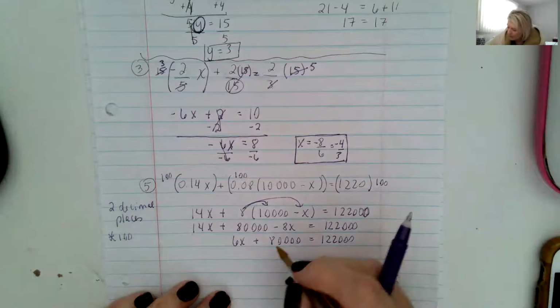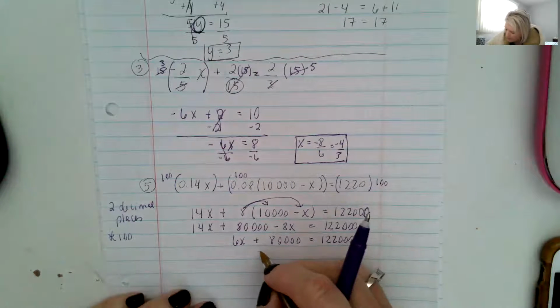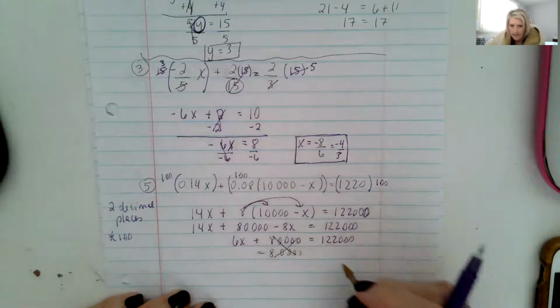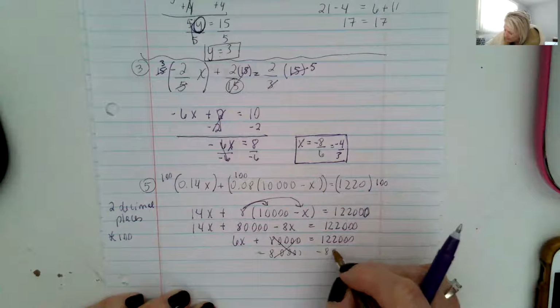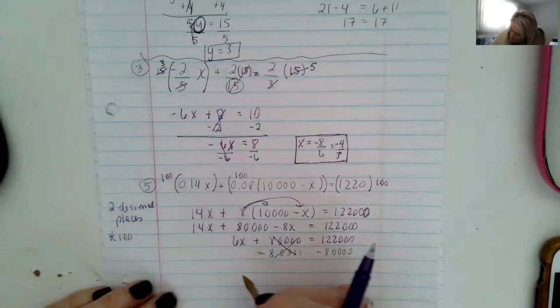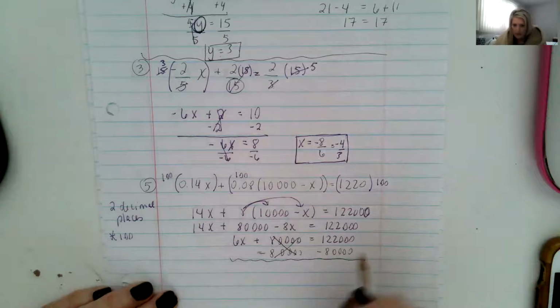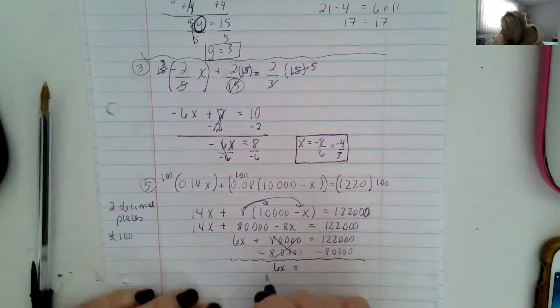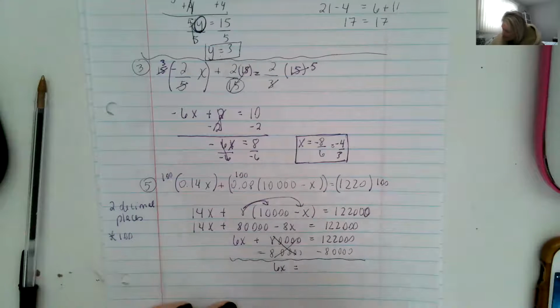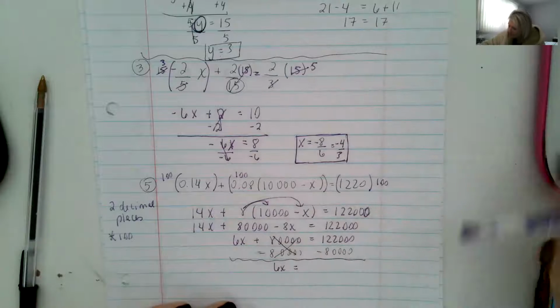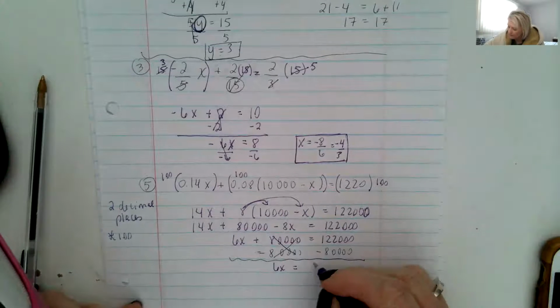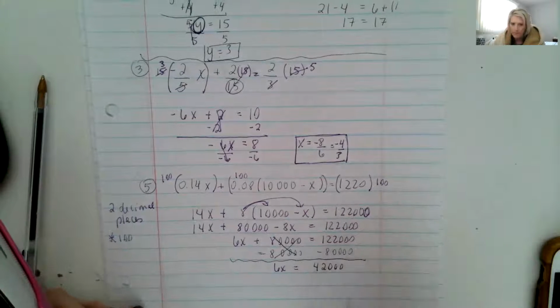And then we're going to use our addition property that says, because I'm adding 80,000, I'm going to subtract 80,000. So that adds to 0. So I also have to subtract 80,000 on the right. Here's my equals. So I have 6x on the left equals 42,000.